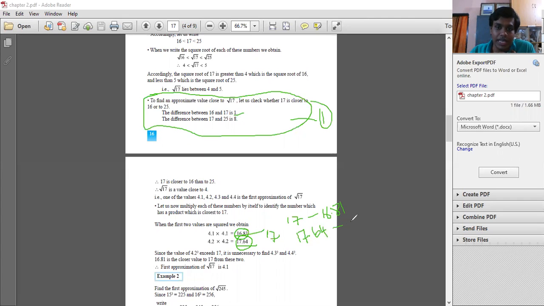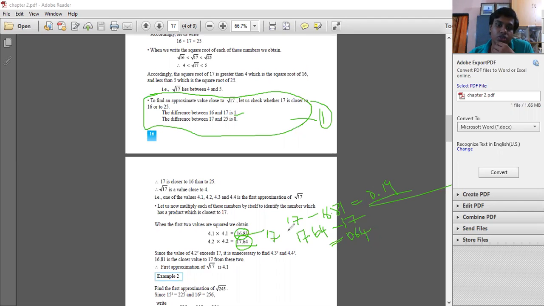Now we are doing the difference again. 17.64 minus 17 will give you 0.64, while the other difference gives around 0.19.